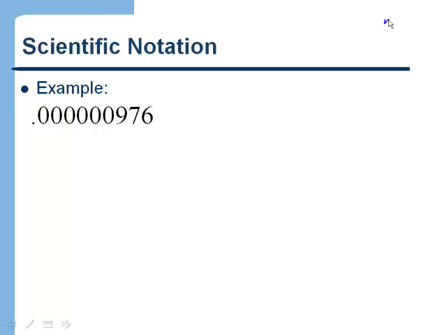Let's see how we can use scientific notation to represent very small numbers. Okay, so in my example, I have 0.000000976. So the first thing I'm going to do is rewrite that as 9.76 divided by 10 million.